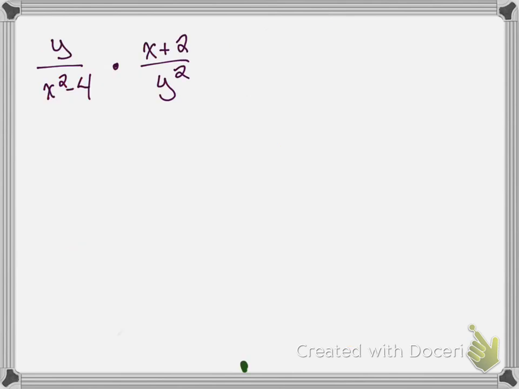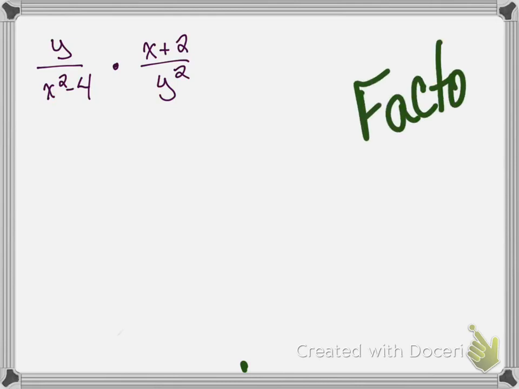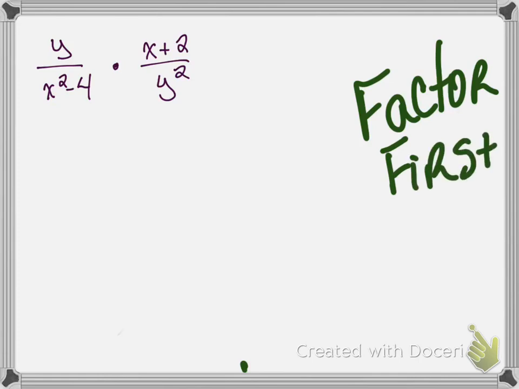I have y over x squared minus 4 times x plus 2 over y squared. So we're back to factor first. X squared minus 4 is the only one that you've got to factor. So please do that now. Factor x squared minus 4.